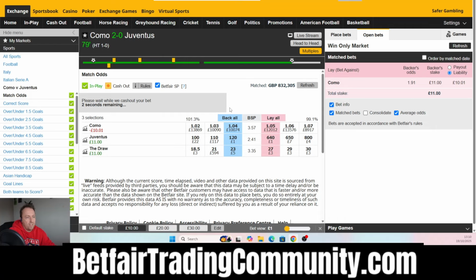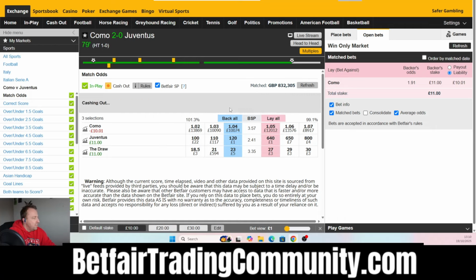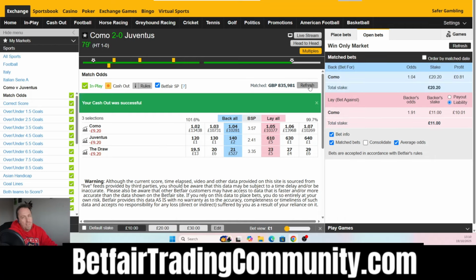Because I just don't see Juventus getting 2 goals. They could, and that's a marginal position where you could stay in the trade there. But we've lost about 50% of the trade because we picked the wrong side that scored, but we gave ourselves some insurance. Now, you could perhaps have gone more on the 2-0. You could have gone for a second half goal.